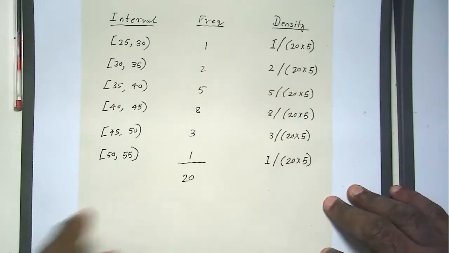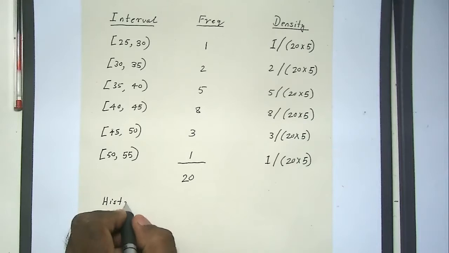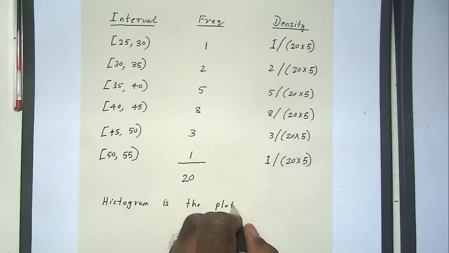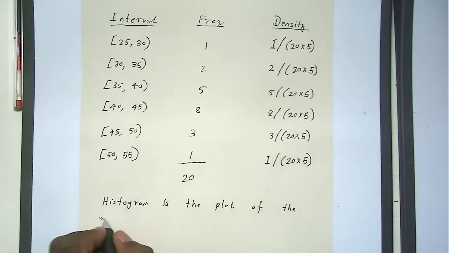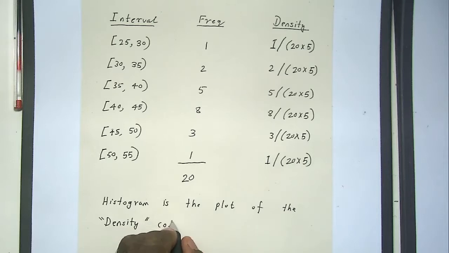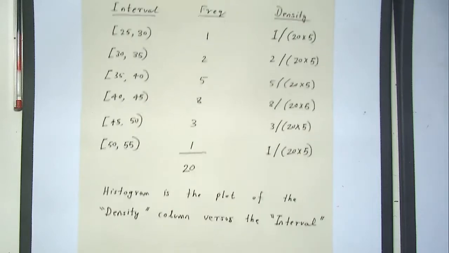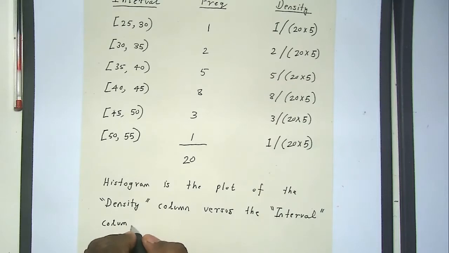So, before I go to part 4, the histogram is basically what you do is you plot the density column on the y-axis and the interval column on the x-axis, right?